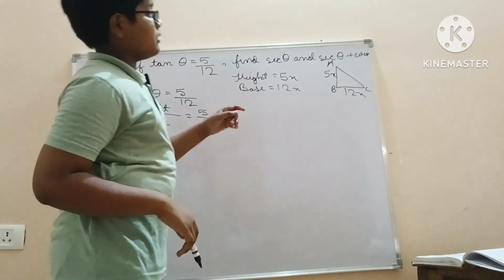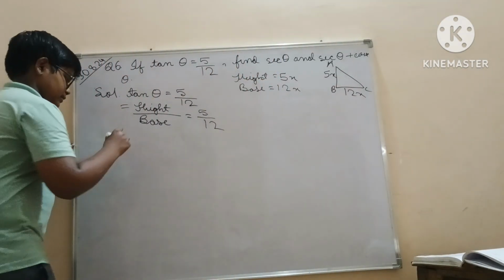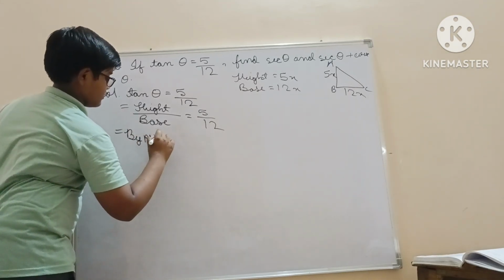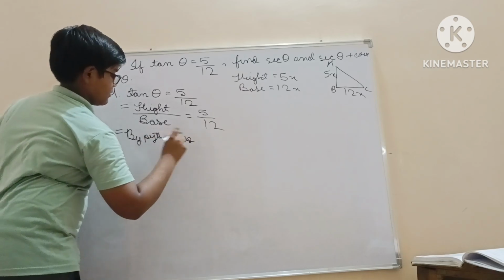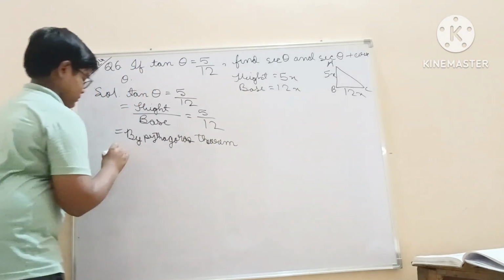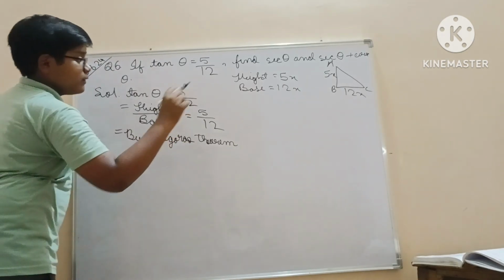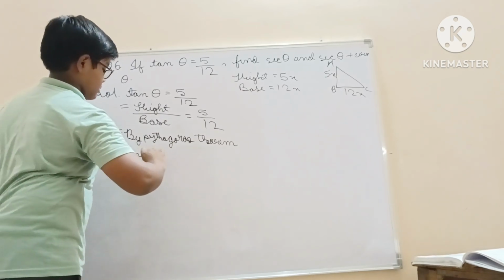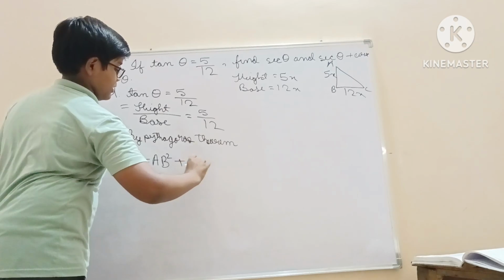Now we will find our next line, which is AC square, by Pythagoras theorem. By Pythagoras theorem, the formula will be AC square equals AB square plus BC square.